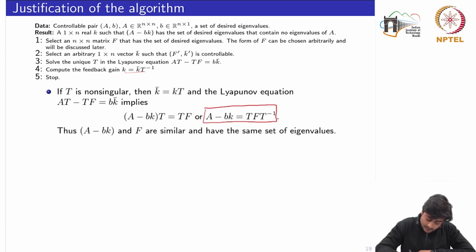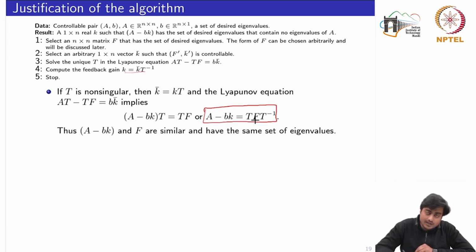Now if you pay close attention to this equation, it is the same equation we used when we discussed the similarity transformation, where T could be any non-singular matrix, and here T happens to be a transformation matrix. We know that under the transformation the eigenvalues do not change.